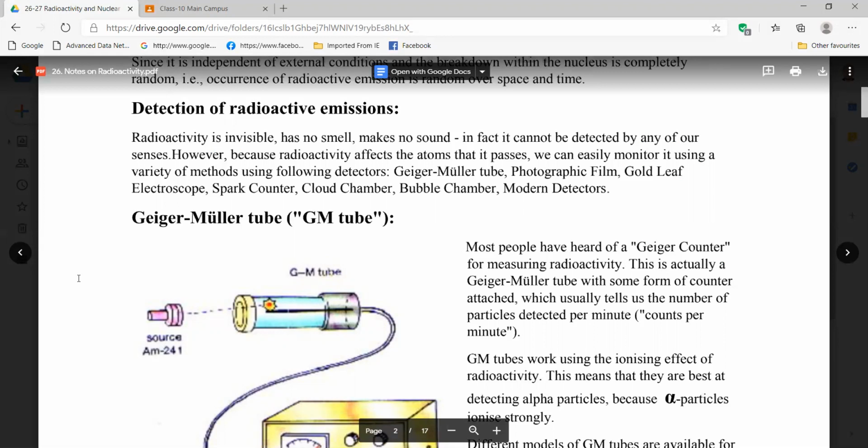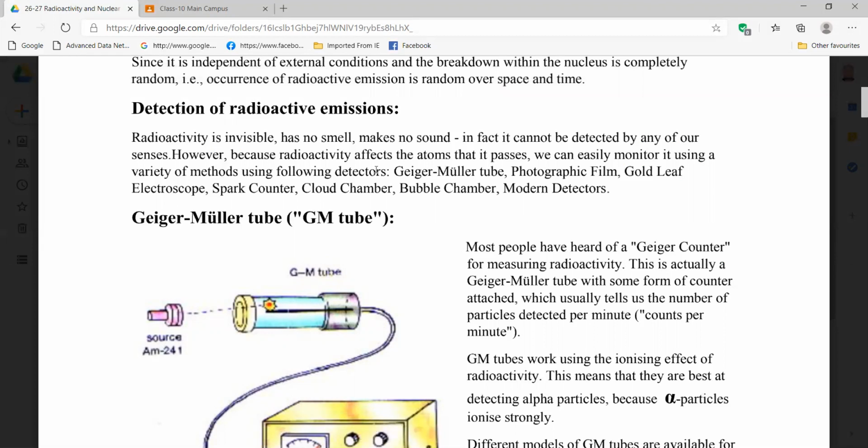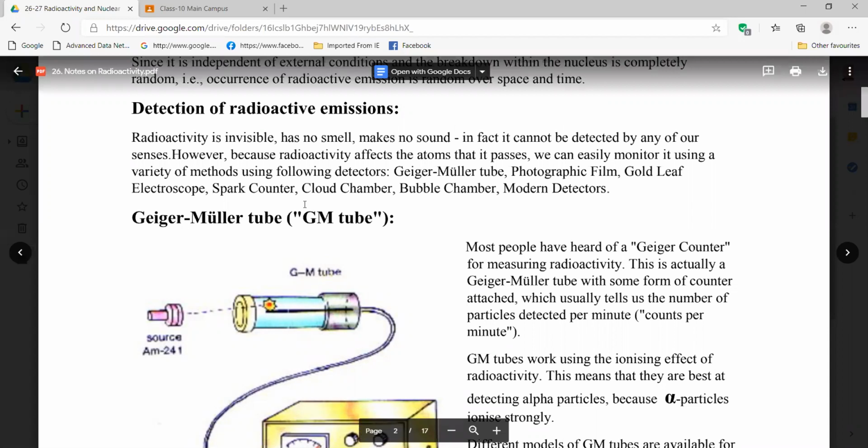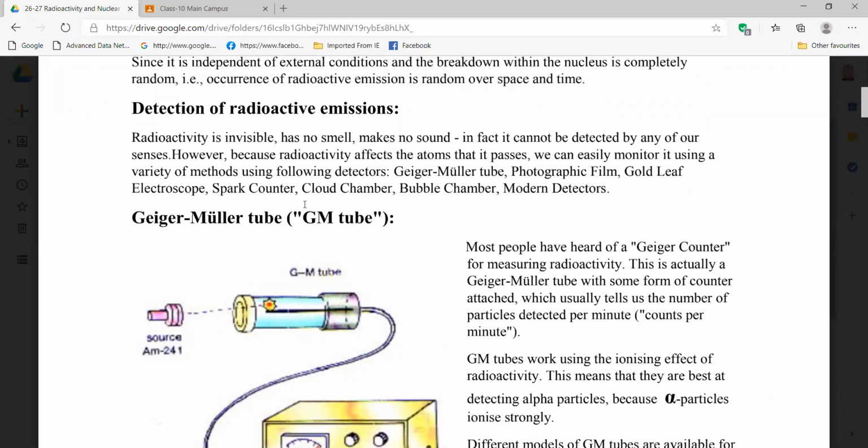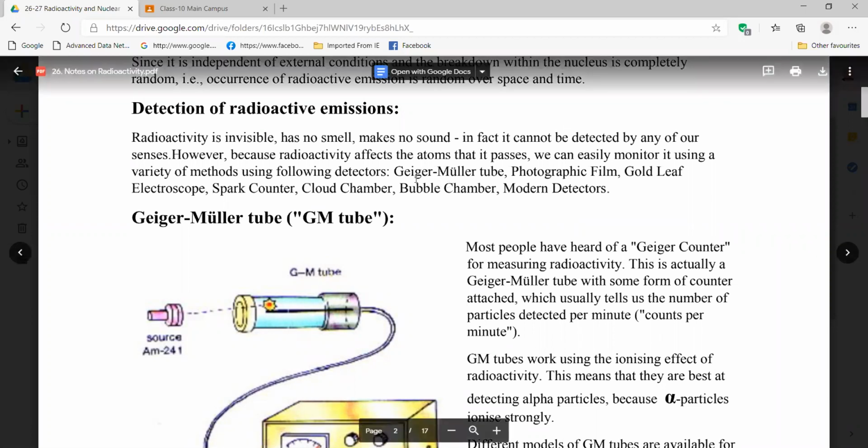So if someone is very close to radioactive particles or a nuclear power station, there is a bad effect on their health. If they don't understand how much radioactive emission is coming to their body, then they cannot take measures to protect themselves from it. So we need some detectors to identify them, right? That's why we are using these detectors, the Geiger Muller tube.